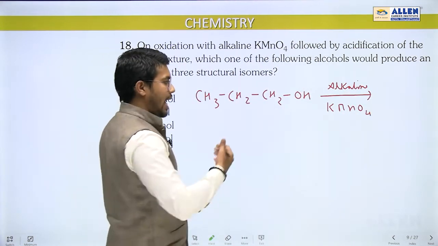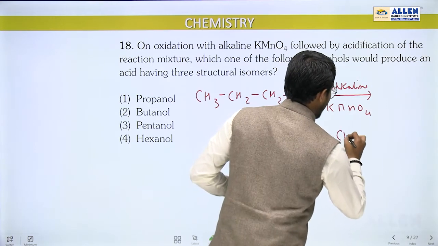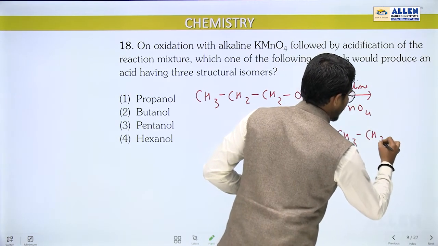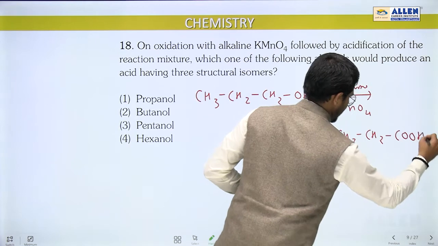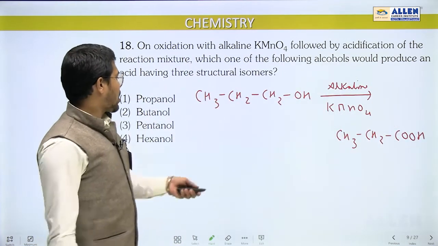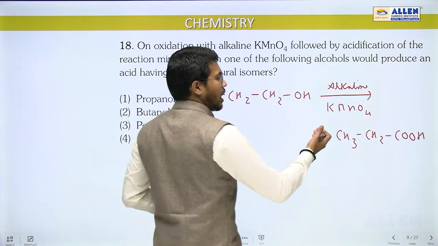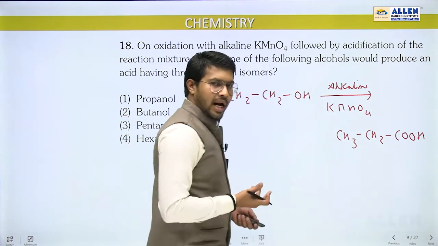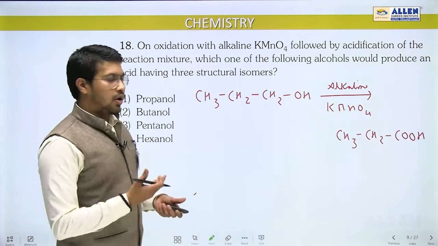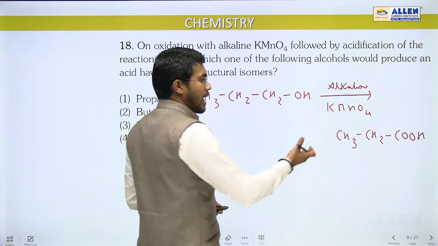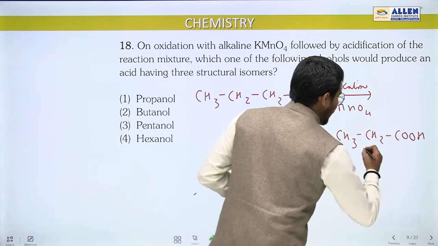We'll get an acid. Which acid? CH3CH2COOH. If this alcohol is propanol, then obviously on oxidation it will produce an acid which contains 3 carbon atoms. So if the alcohol was propanol, then obviously the acid would be propanoic acid.